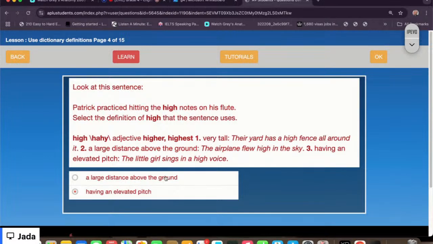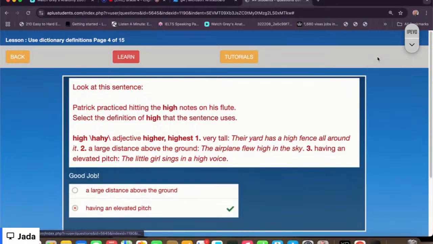All right, so we have having an elevated pitch. So that's the definition of high here.